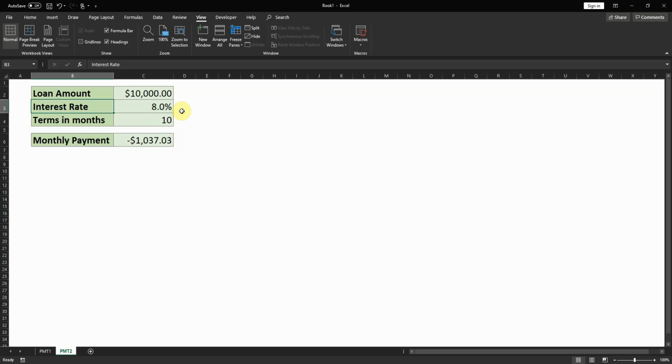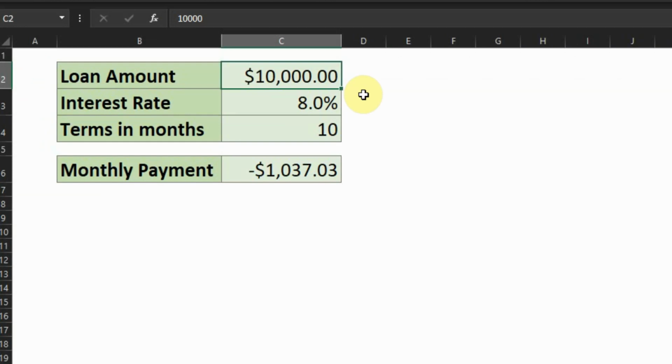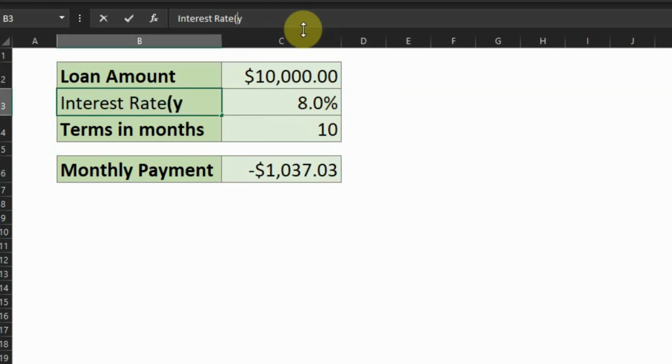So for example, I have a 10,000 loan amount, the principal amount. The interest rate is 8, that's yearly. And terms in months, that's 10 months.